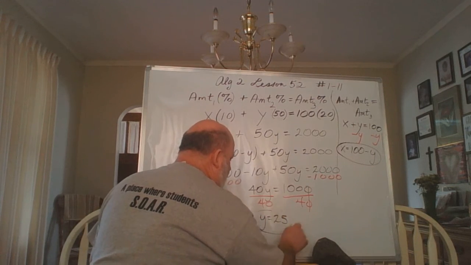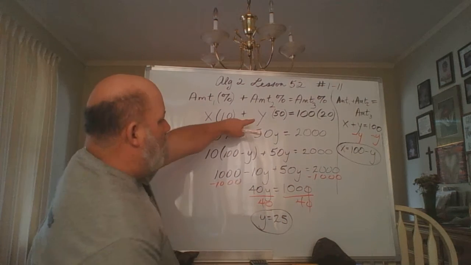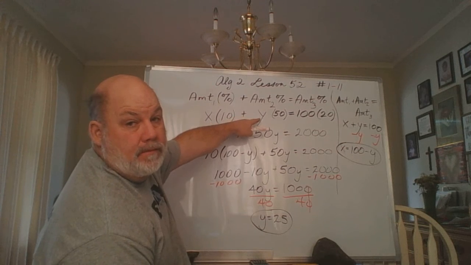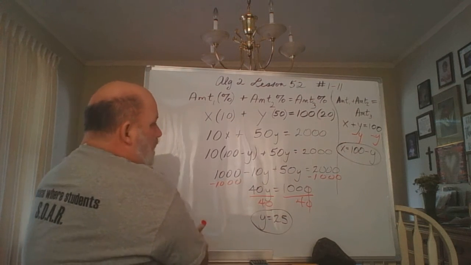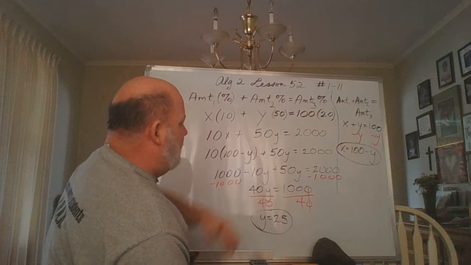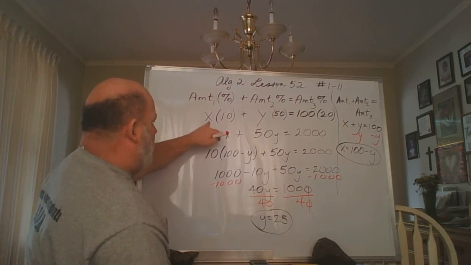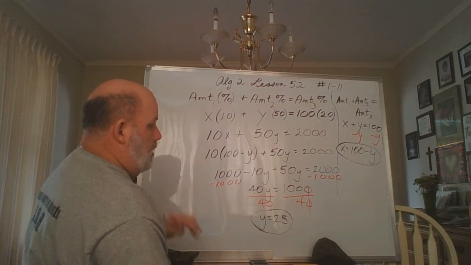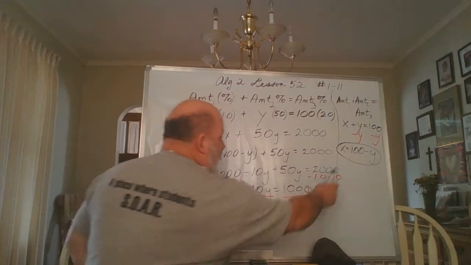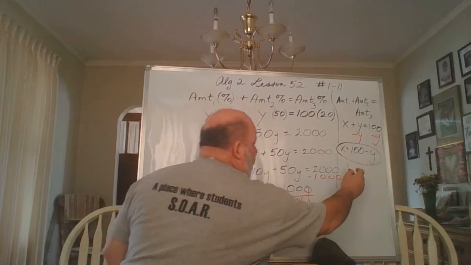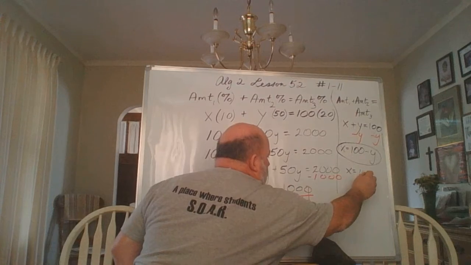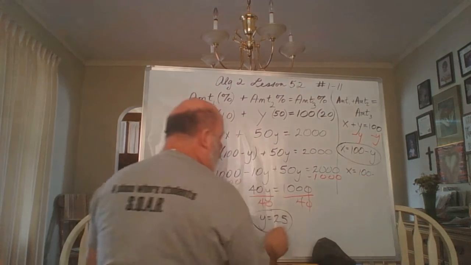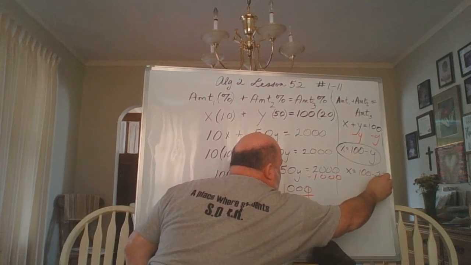There are 25 milliliters of the 50% solution. If there are 25 milliliters of the 50% solution, how much of the 10% solution is that? Well, that's easy. I just come over here. X equals 100 minus whatever Y was, in this case 25.